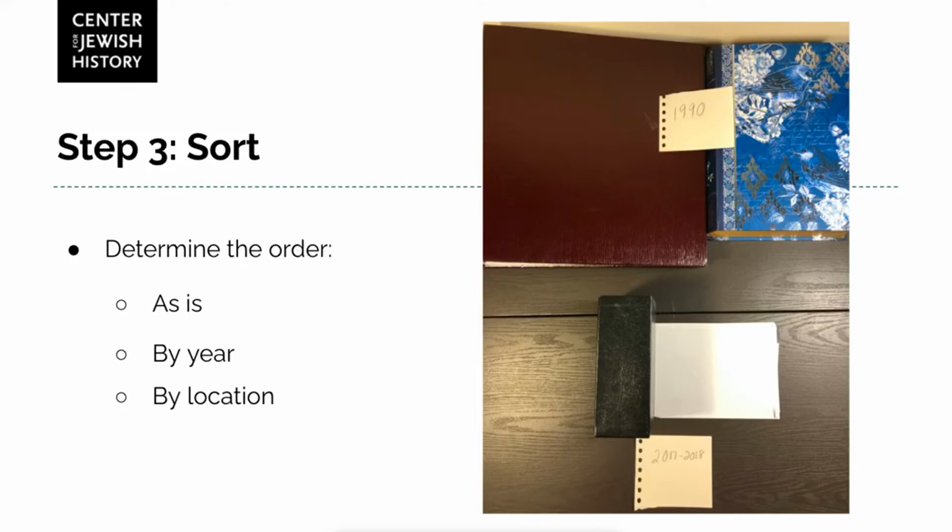This is because the order of the digitized material should reflect the order of the physical material. When it comes time to name the documents, and we'll talk more about that later on, when it comes time to name the documents, photos, and the folders they will be grouped in, you can refer back to your physical collection to make sure your items are grouped together properly and to ensure that you name your material properly.